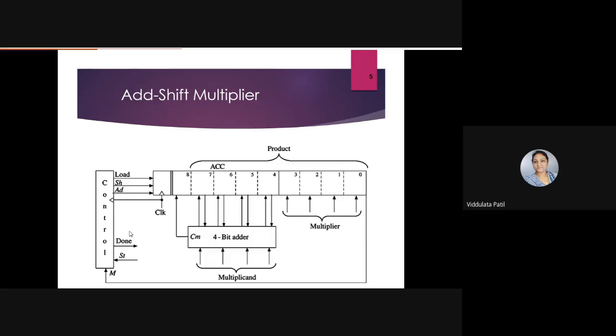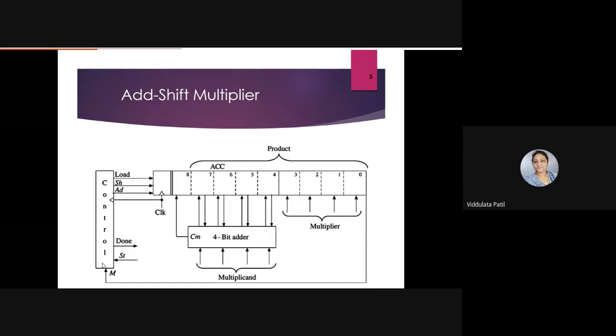That means once you complete all your multiplication process, it will give us a signal, that is done, and then we require one more input, that is start, ST. And here you can see that this least significant bit, that we are calling M, we are going to use for controlling all these signals.